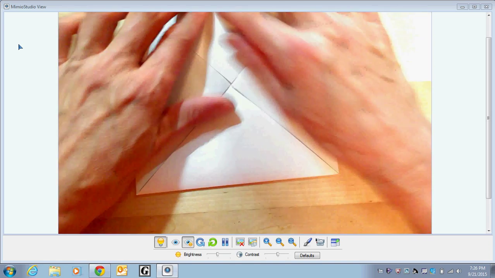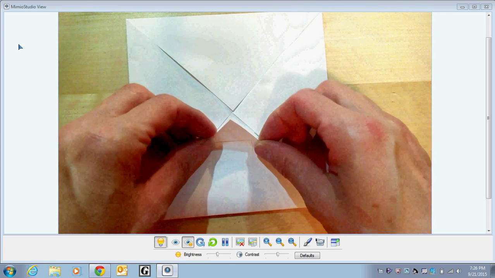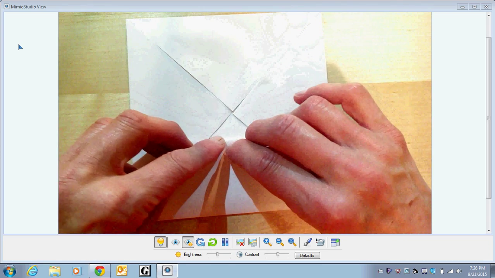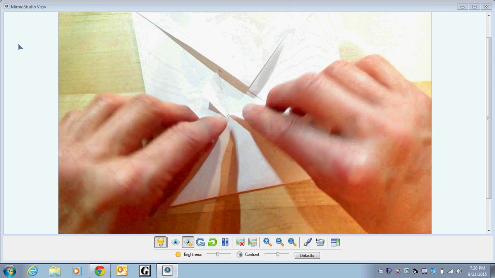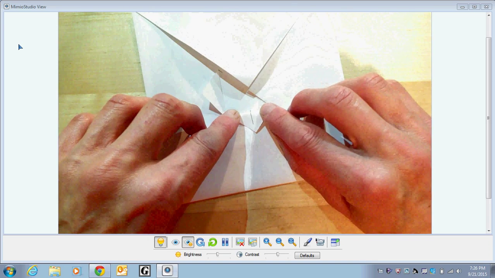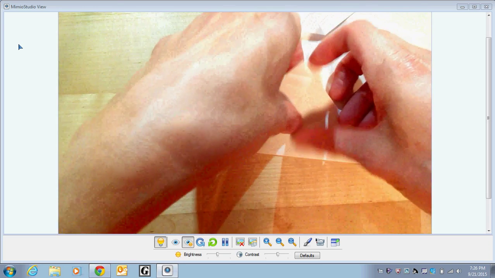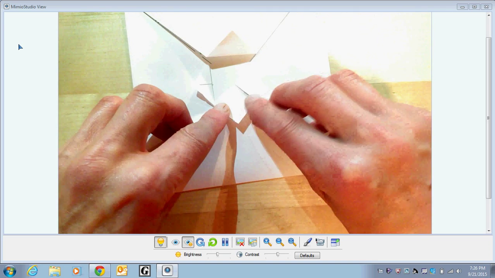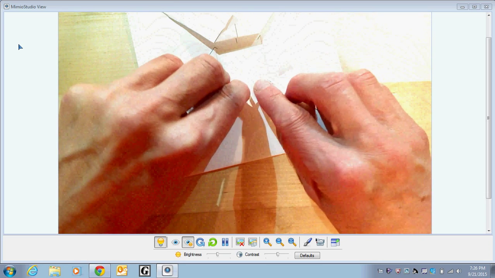So now we have a square. Then each of these little corners we're going to fold back just a tiny bit, like so.